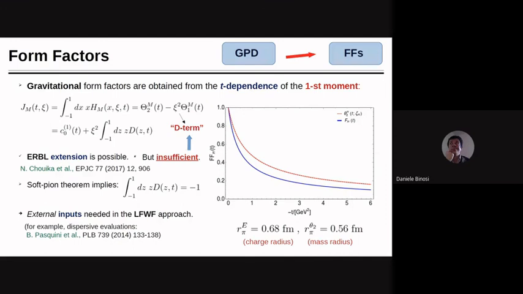Daniel is writing a message in the chat, so I can read it for you, Khépani. He is asking how many constraints can you satisfy by modeling a GPD?